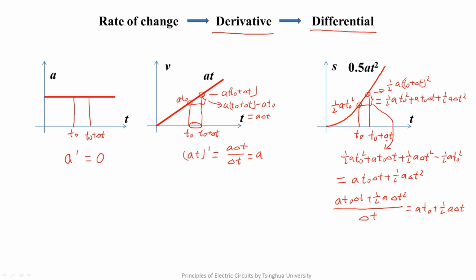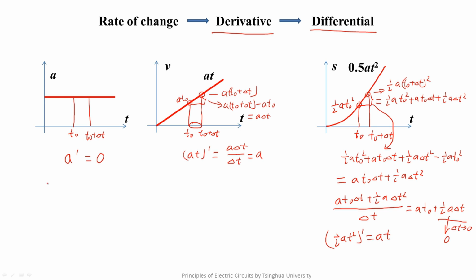When delta t becomes smaller, this part becomes smaller too. When delta t tends to 0, this part tends to 0 too. t0 can be chosen at any point, then we know the derivative of 1 over 2 times a times t squared equals a times t.